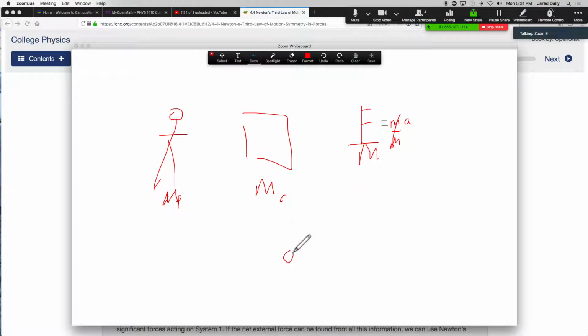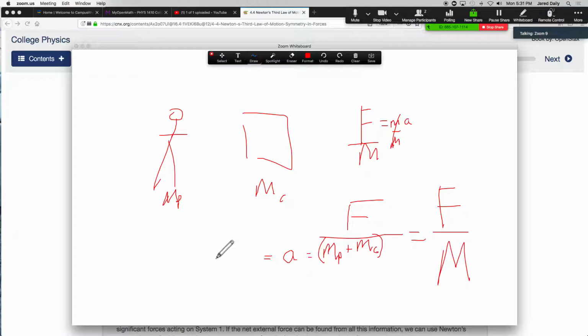Same acceleration for both systems, but in one system we have the mass of the professor plus the mass of the cart, right? And that is divided by a bigger force. So essentially you have a bigger force divided by a bigger mass because we're adding two masses together.